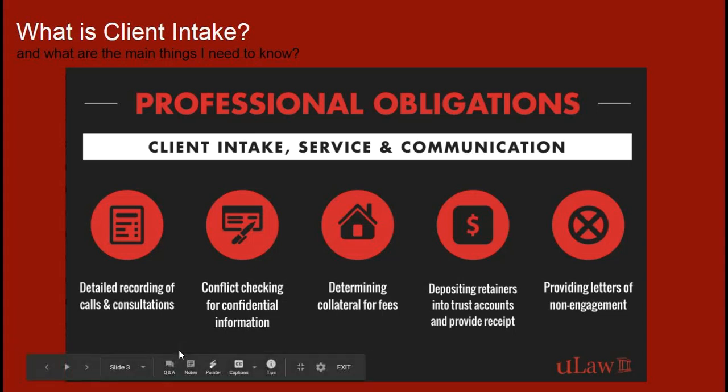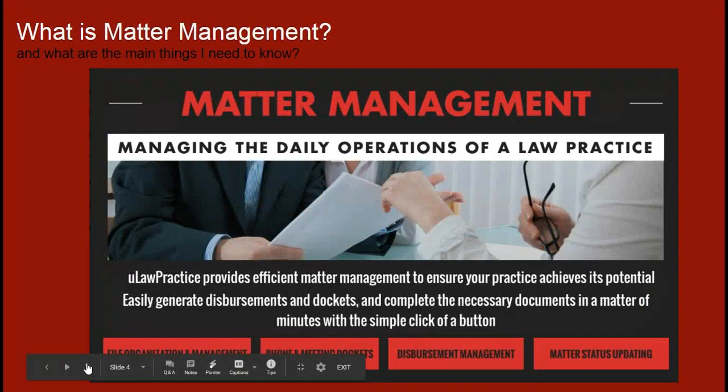And if it has moved forward with an engagement, that's when you really get down to the retainer letter or the engagement letter, depending on whether you have trust transactions or not, to proceed further with that matter. And let's assume you have proceeded further with that matter.